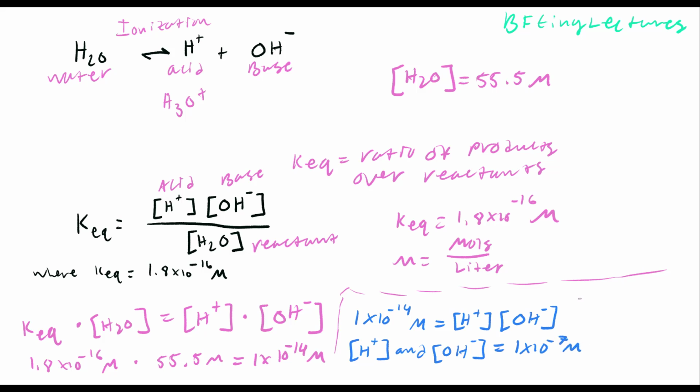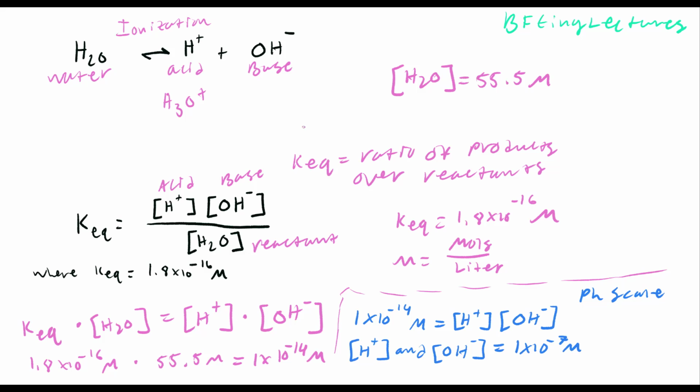Essentially, negative 14 divided by 2 is negative 7, and that is the pH scale. So congratulations, you just derived the pH scale. You did what took hundreds of years to do in like 2 minutes. It's kind of weird, right? But that's the pH scale.